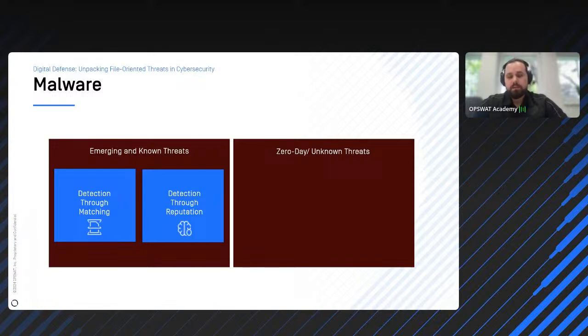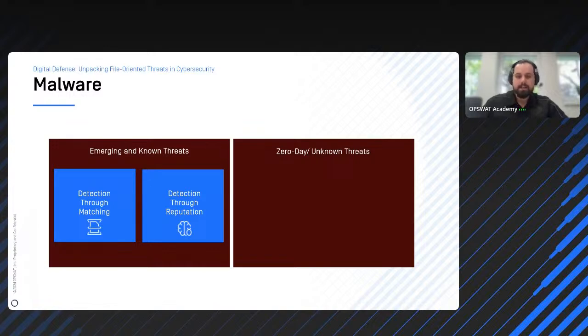Where things get a little harder to implement and require a little more creativity, if you will, is when we start talking about the concept of 0 day and unknown threats. And as we already outlined a little bit through the process in which an antivirus company creates these lists, we've already established that there is a period in time in which malware may exist in the wild before it is discovered and categorized.